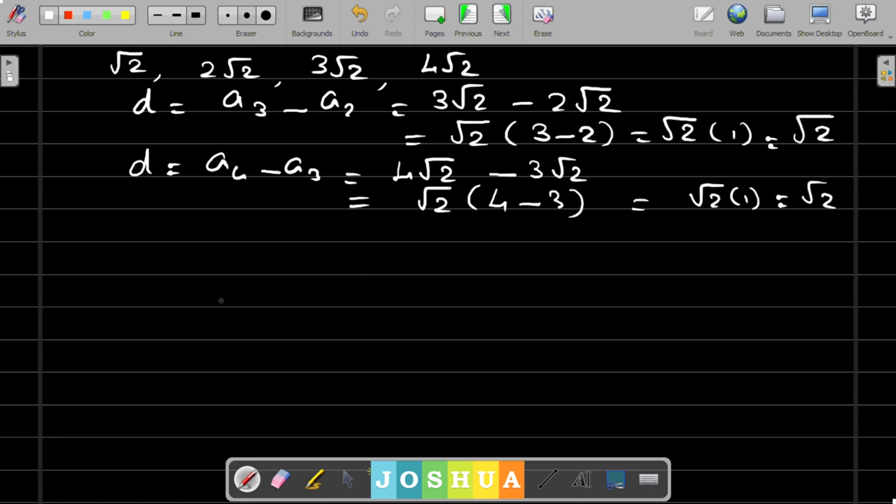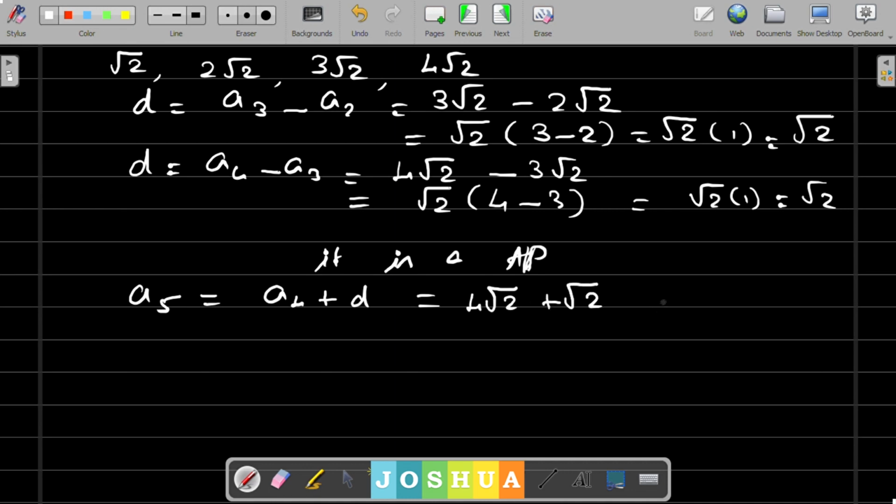So now I'm going to find the next three terms. How to find the next three terms? a5 is equal to a4 plus d. a4 is 4 square root 2 and the difference is root 2. 4 root 2 plus root 2 equals 5 root 2.